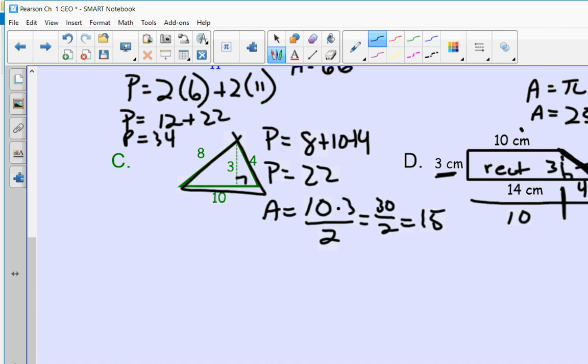If you guys remember Pythagorean theorem, we did that a little bit ago too. This will be my C because it's across from this right angle. I could do some math here. So I'm going to go 3 squared plus 4 squared. It's going to get me C squared. 3 squared is 9, not 6. 4 squared is 16, not 8.